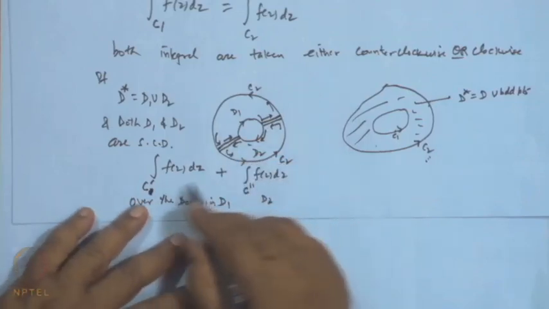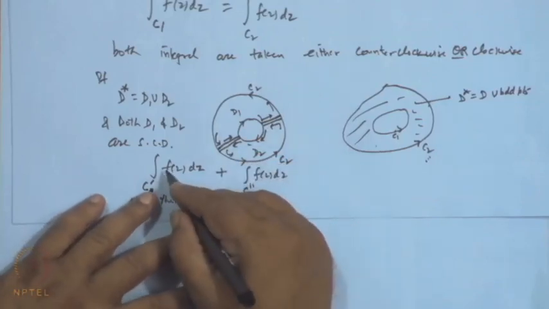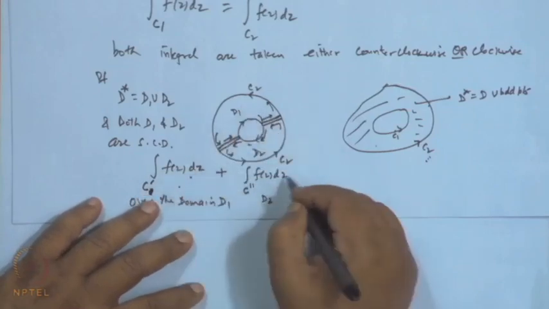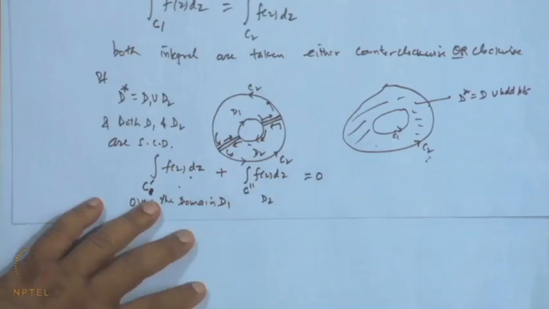When we consider this integral along the closed boundary and the function is analytic, the value of each will be 0, and the total is 0.